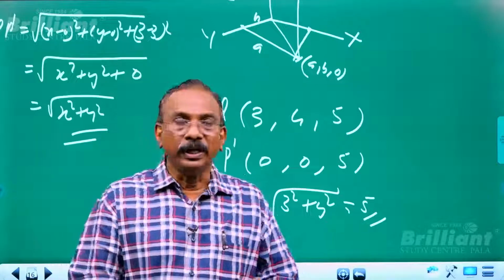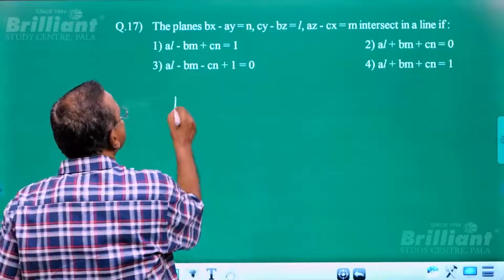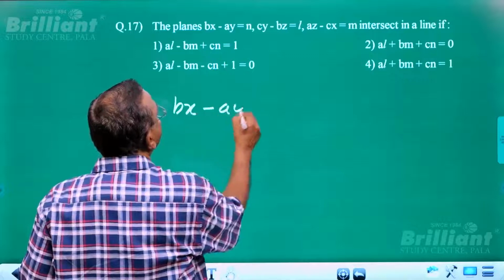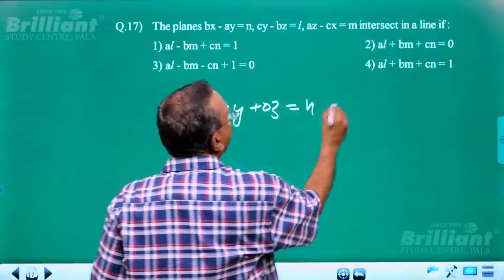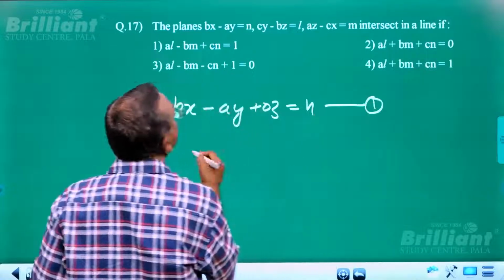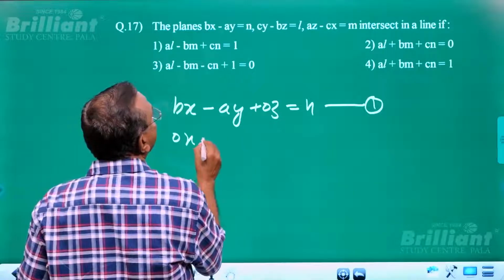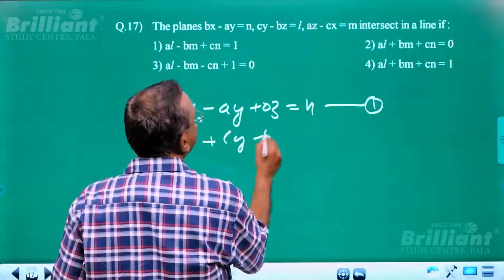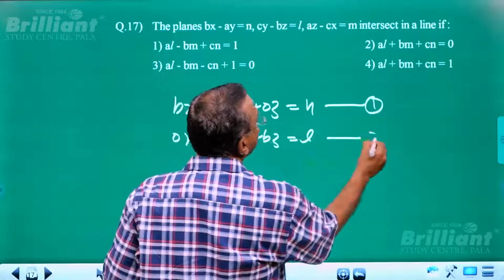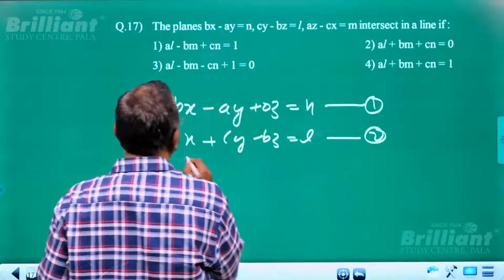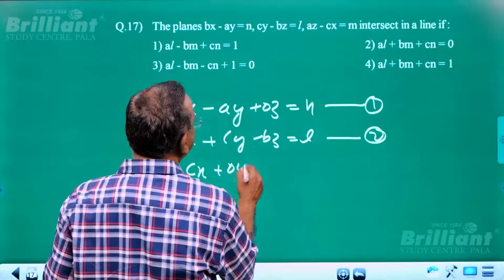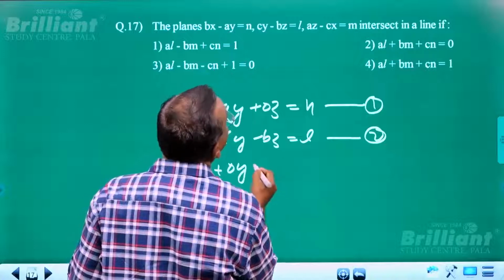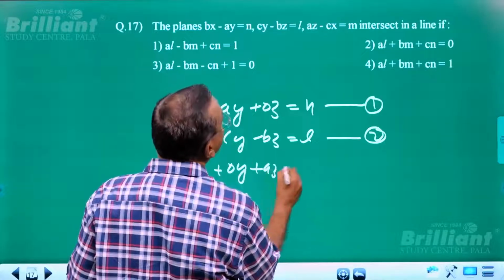Now question number 17. The planes bx minus ay plus 0z is equal to n, one plane. And the second one, 0x plus cy minus bz is equal to l, the second plane. And minus cx plus 0y plus az is equal to m.